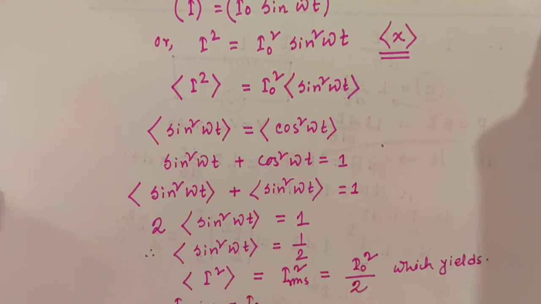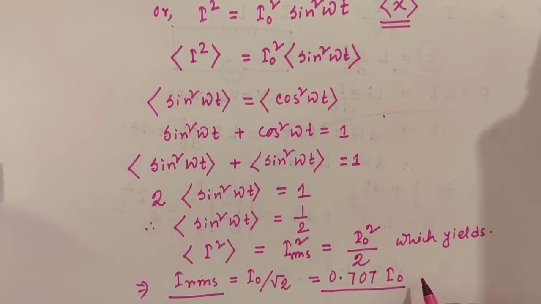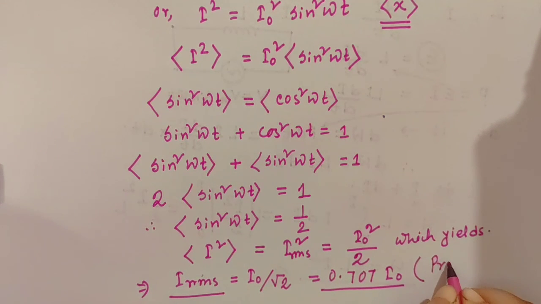So it's I naught divided by root 2. Now if we divide 1 by root 2, we get 0.707. So finally we get I RMS is equal to 0.707 I naught. Proved.